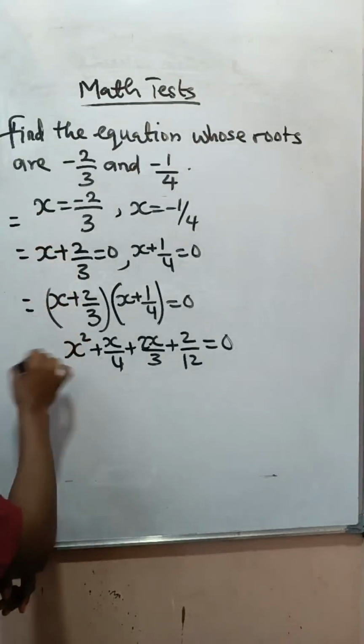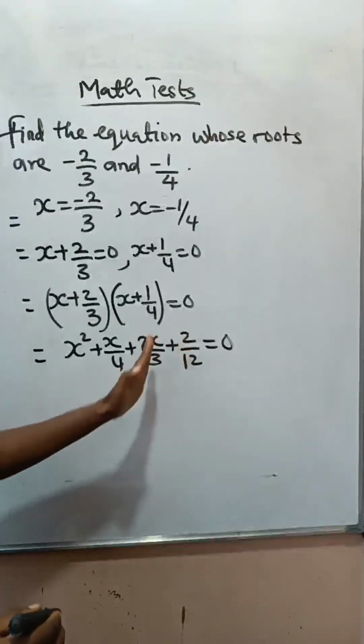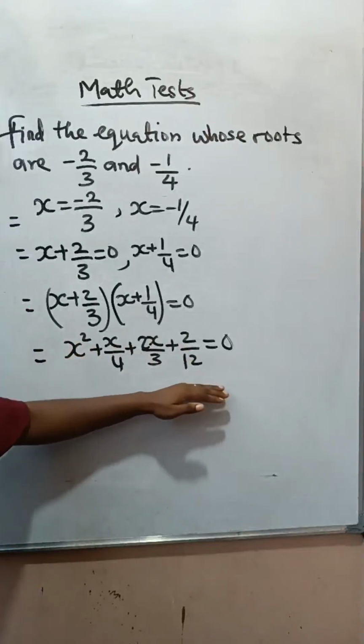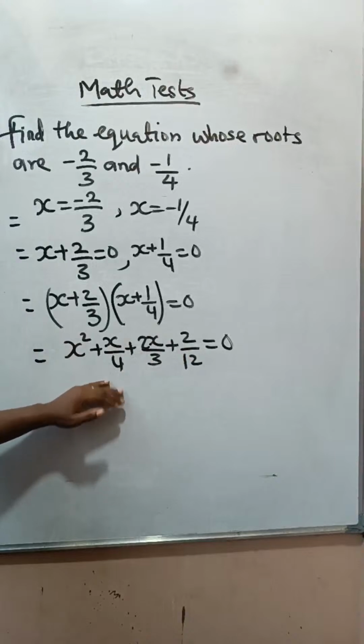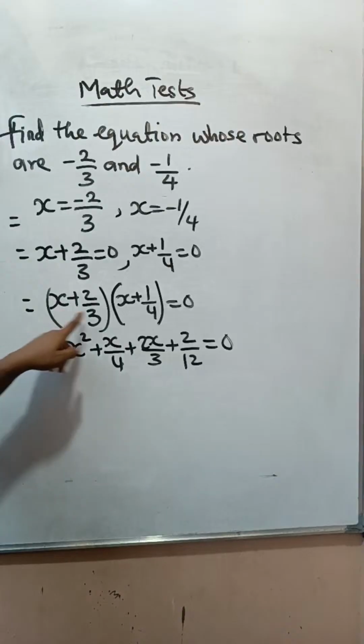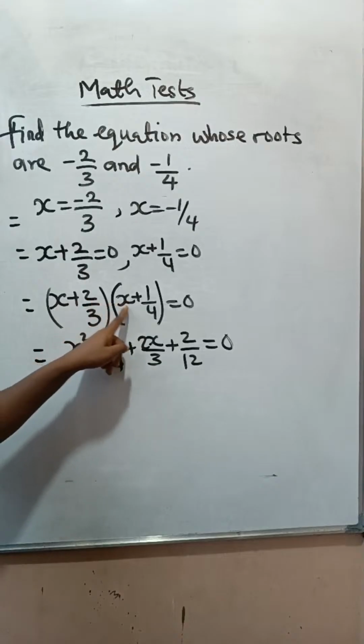So what do we do next? We are going to clear this fraction, we need to multiply each term by the LCM. Let me check again. x times x is x squared, x times this is x over 4, this times this is that.